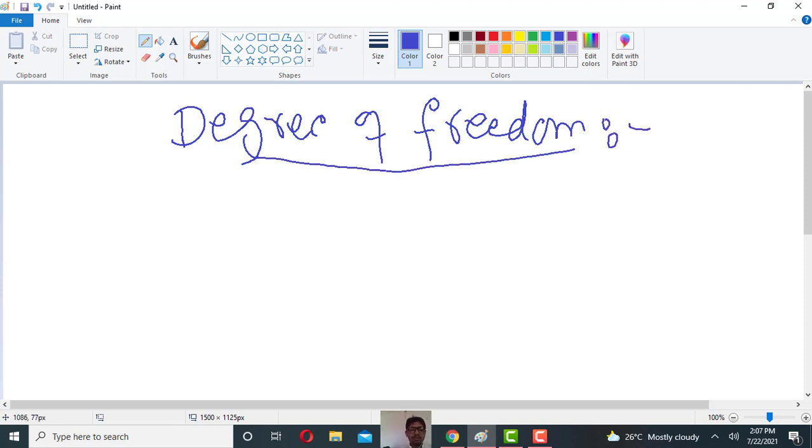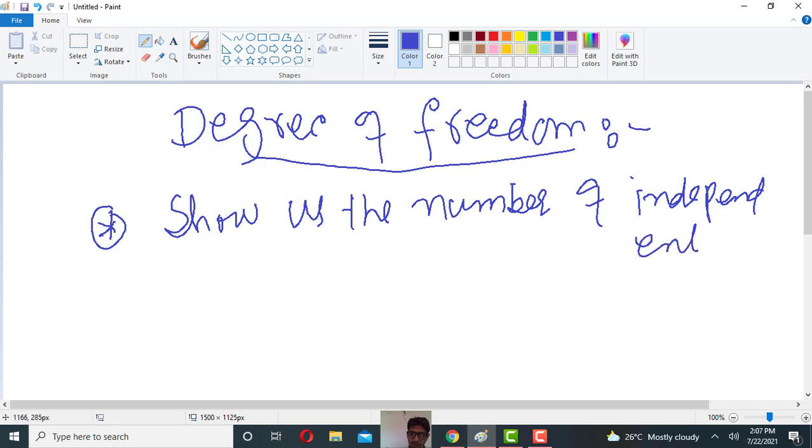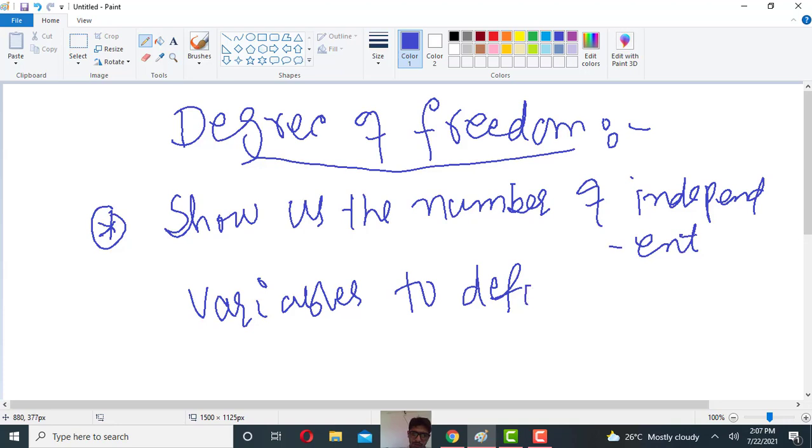The degree of freedom shows us the number of independent variables to completely define a system.